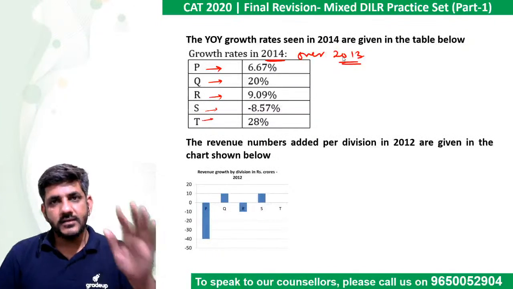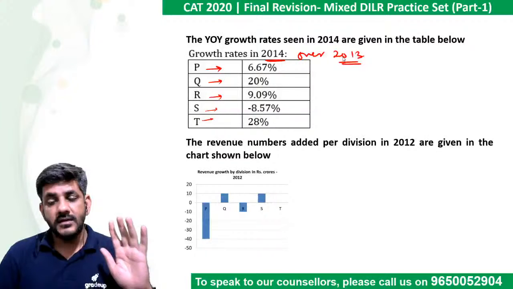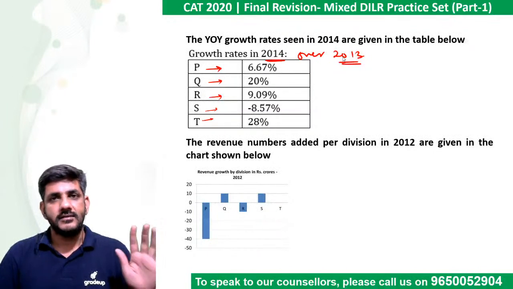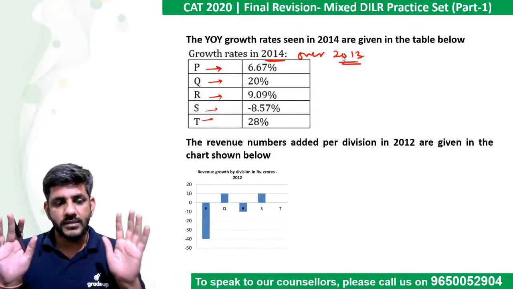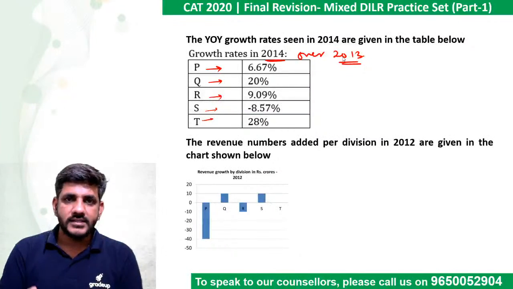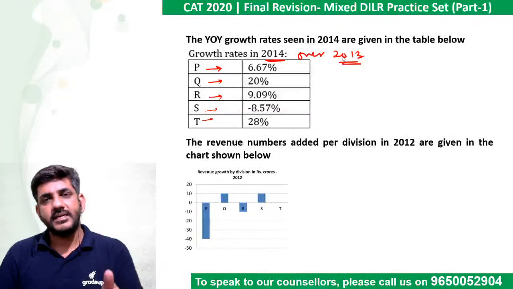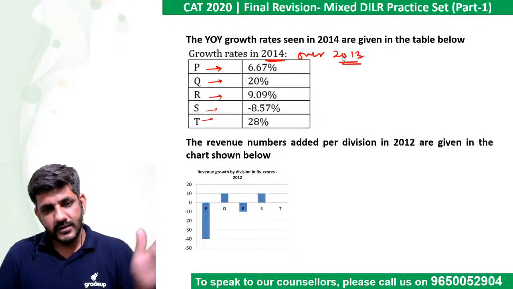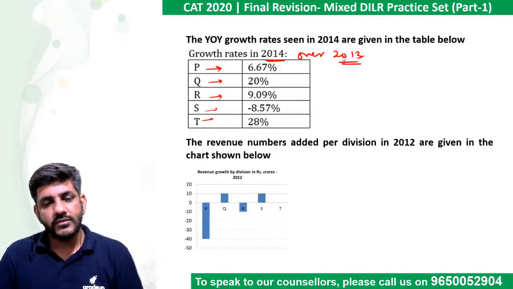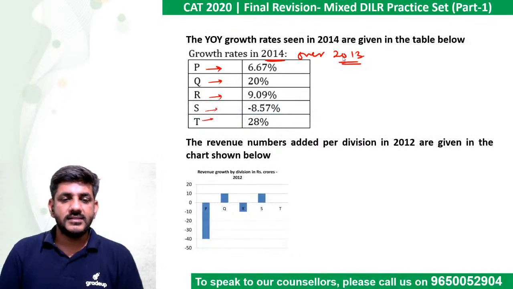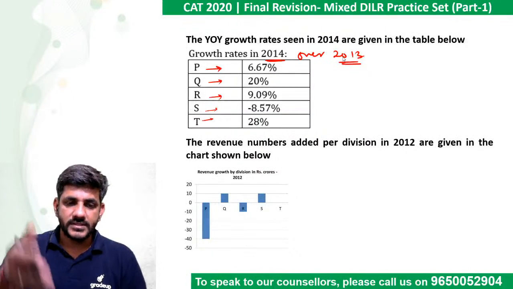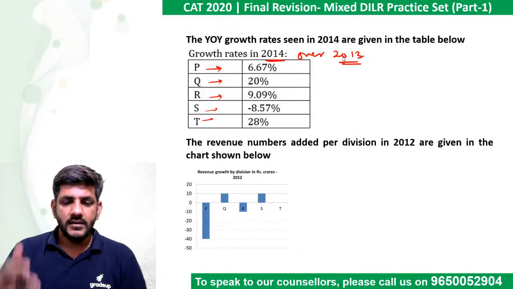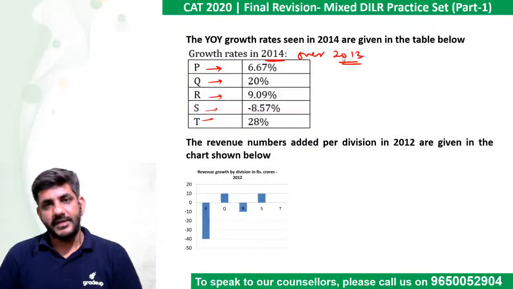If I just say the growth rate in 14 was this, it is definitely taken on 13. It is basically assumed. Growth rate or decline rate is always taken on the previous year. तो 13 के मुकाबले 2014 की फिगर्स में this is the increase, that is 6.67%, 20%, 9.09%, minus 8.57% and 28%, right?